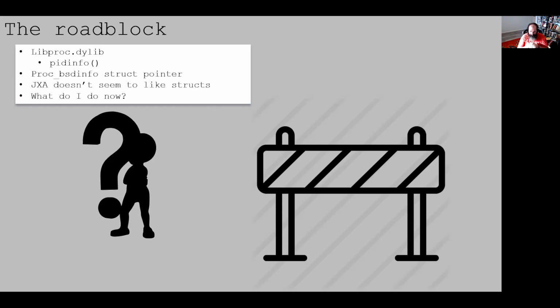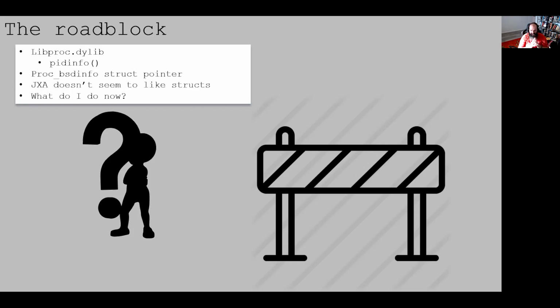And the reason I really can't use that, or haven't figured out a way to use that, is that it has a required argument that is a pointer to a specific C struct, which is proc_bsdinfo.